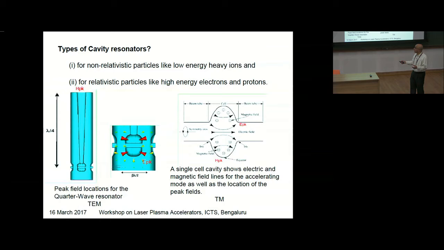So when the particle comes in here, again it gets one shot. It takes about half of the cycle. It gets accelerated. Then you can stack these structures one by one, and you can accelerate the particle across them. These are used for electrons and protons mainly, and the earlier structures are used for heavy ions.